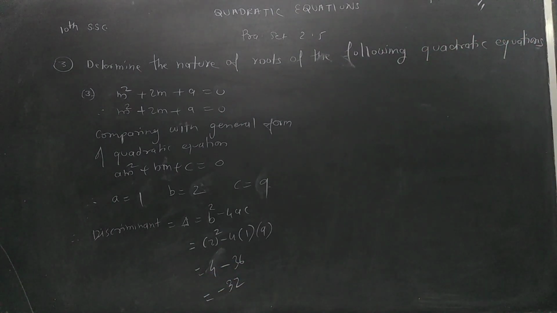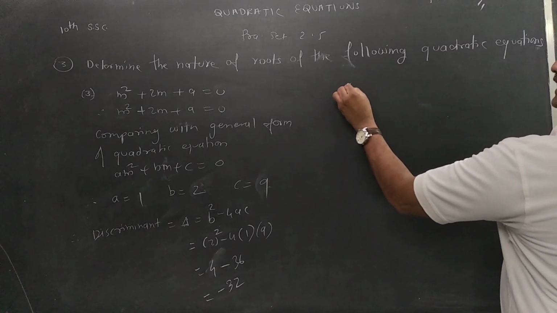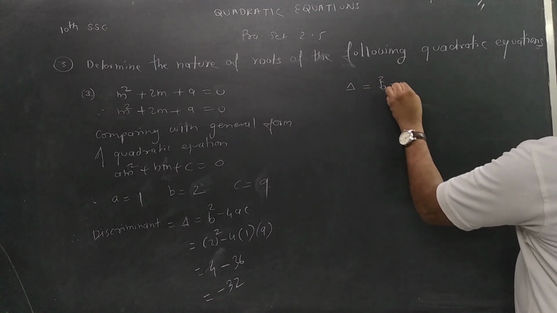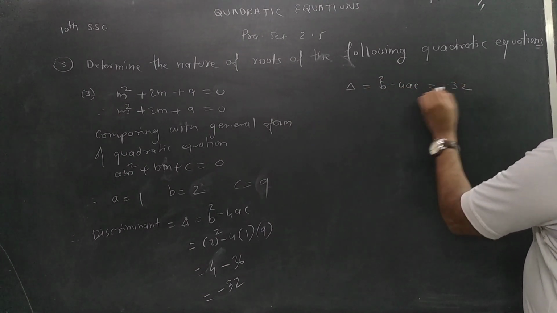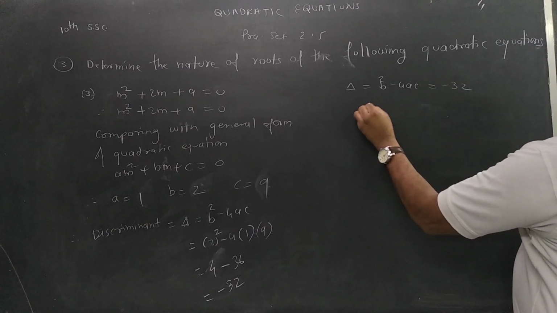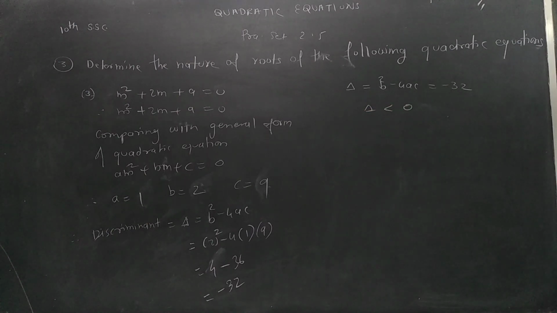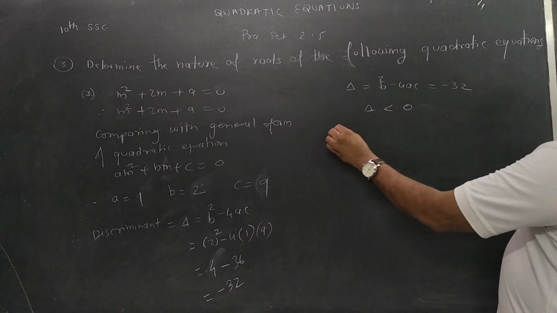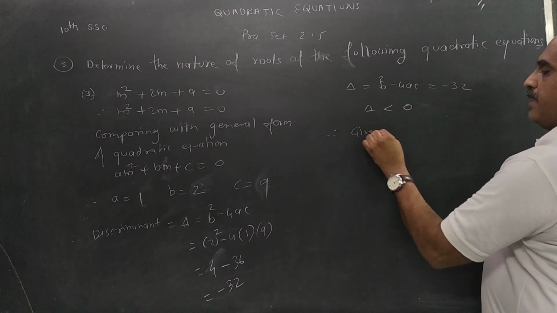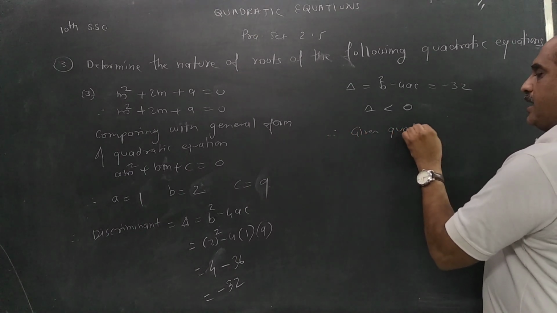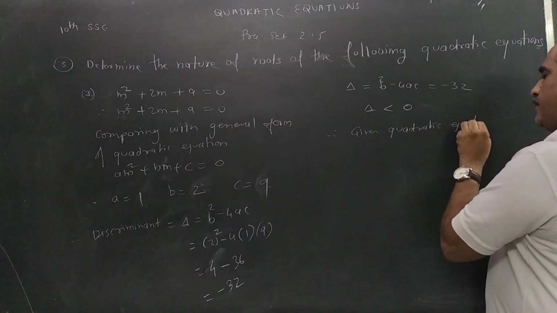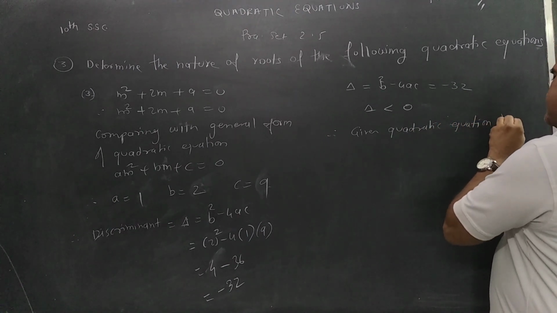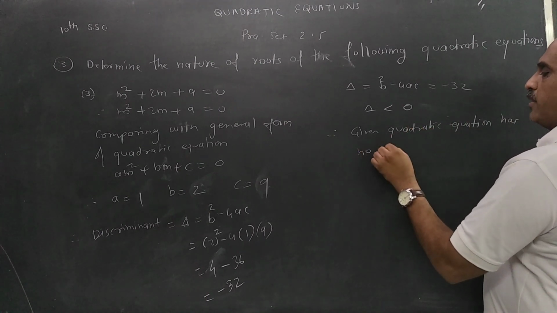So the value of delta is equal to b square minus 4ac is equal to minus 32. So delta is less than 0. So ultimately, the given quadratic equation has no real root.